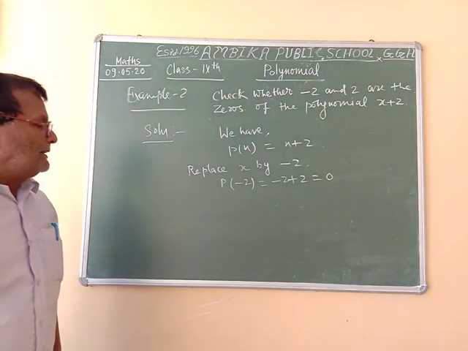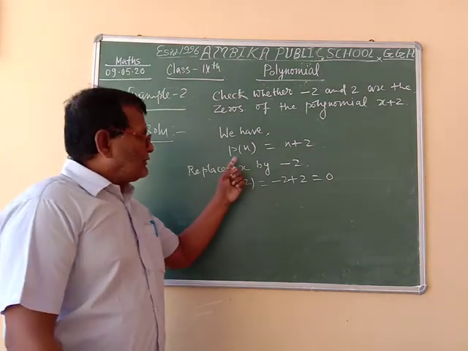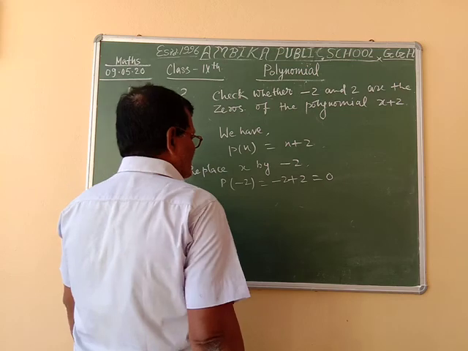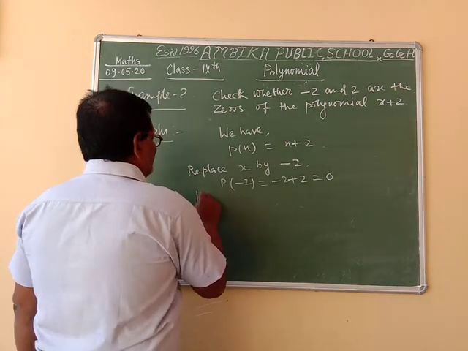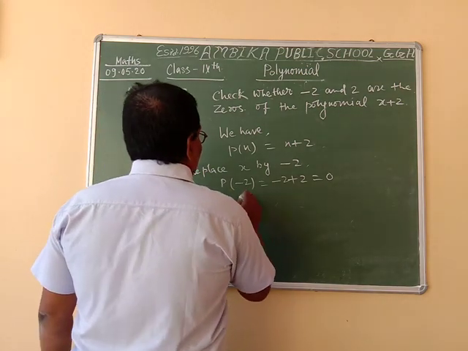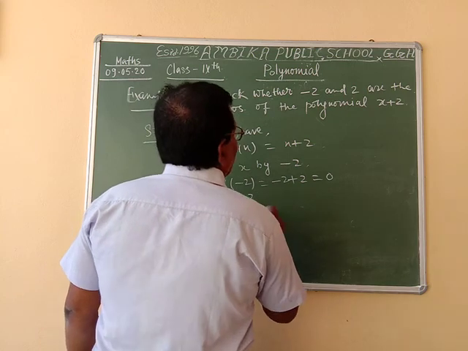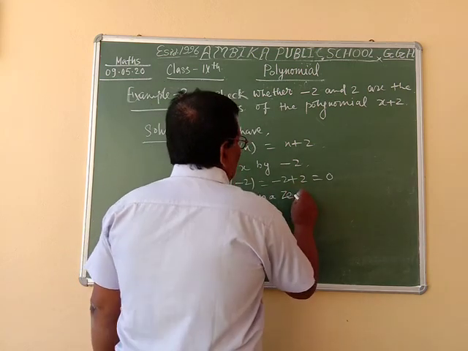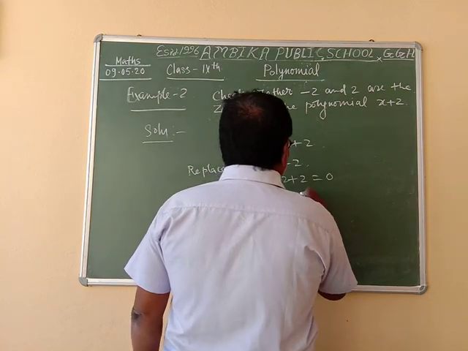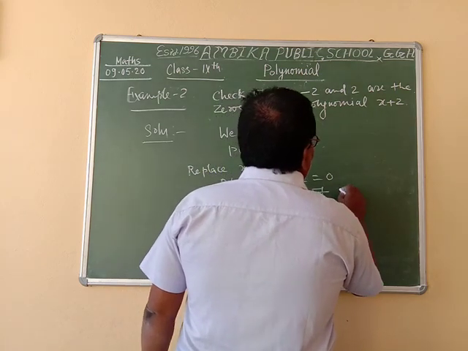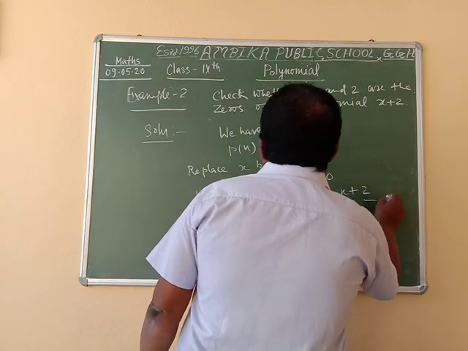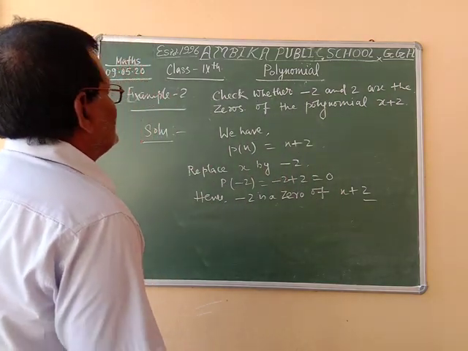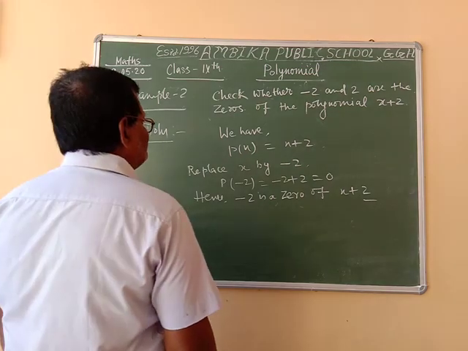Here the value of the polynomial is equal to 0, P(x) = 0, hence minus 2 is a zero of the polynomial. Hence minus 2 is a zero of x + 2. Similarly, to check whether 2 is a zero of the polynomial.